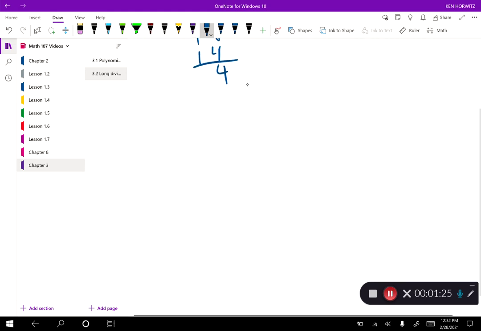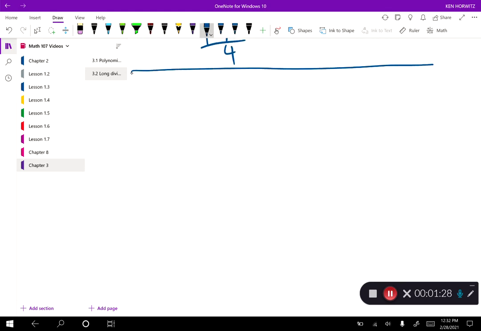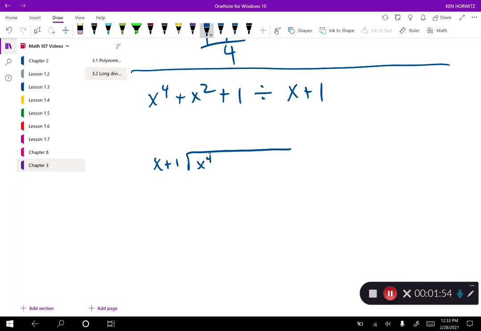So I do want to jump right into the concept with an example. If I had x to the 4th plus x squared plus 1 divided by x plus 1, we're going to set it up very similar to the last problem. I have the x plus 1 on the outside of my division symbol, and on the inside I have x to the 4th. Now I'm going to insert 0x cubed.